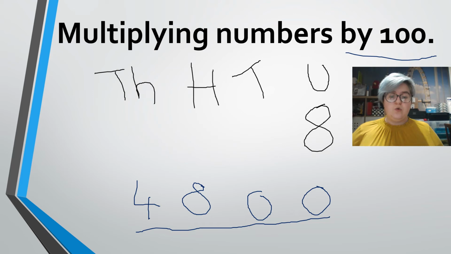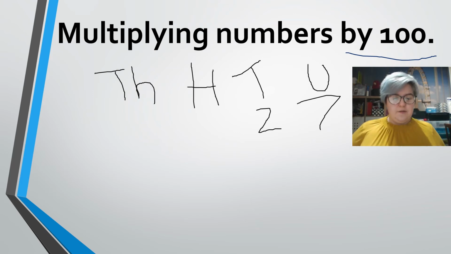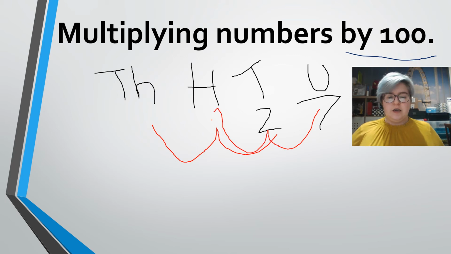Okay, so we'll go over 2 more examples just so I can explain a little bit. So here we go. We'll have the number 27. If we're multiplying 27 by 100, we're timesing it by 10 and timesing it by 10 again. So the 2 goes times by 10 times by 10 again, the 7 times by 10 times by 10 again.